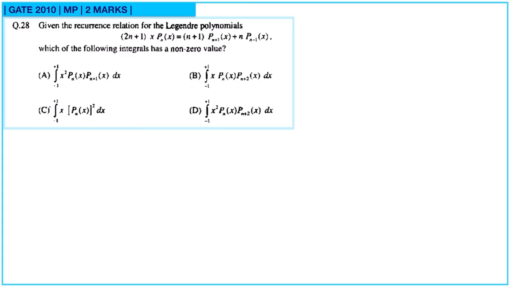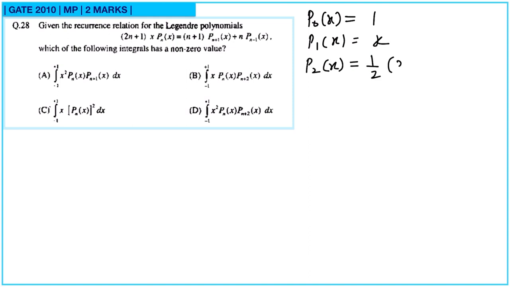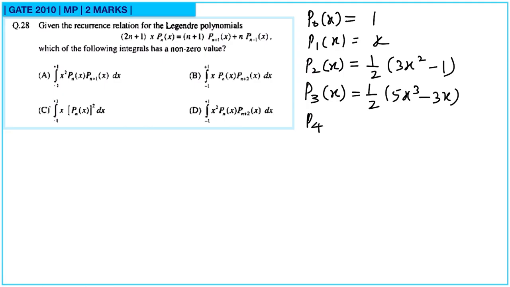Now here, since we know Legendre polynomials, like P0 is 1, then P1(x) is equal to x, then P2(x) is equal to half of 3x square minus 1, then P3(x) is 1 by 2 into 5x cube minus 3x, P4(x) is equal to 1 by 8 into 35x raised to 4 minus 30x square plus 3, and so on.